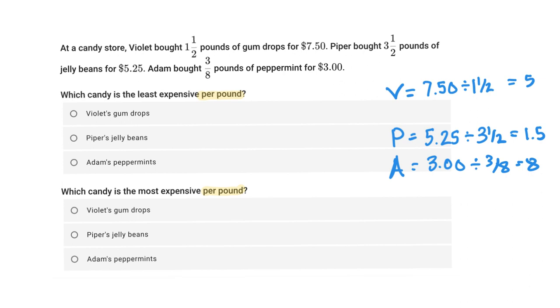So the candy that was the least expensive per pound was Piper's. Hers was only $1.50 per pound. Now they don't ask you that, but it's good to know. The candy that's the most expensive was Adam's peppermints. His was about $8 per pound. So in these problems, we are just trying to find our unit rate.